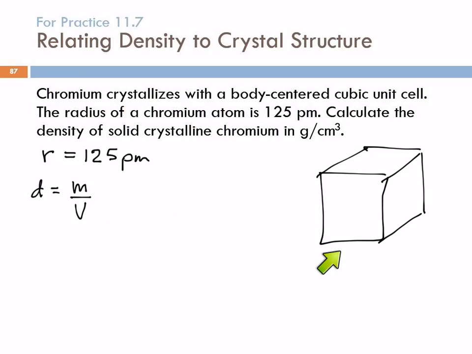The volume of the unit cell is going to be L cubed, right? So volume equals L cubed. Length times width times height. On a cube, they're all the same. So that's the general strategy. So the mass, well, let's go back and look at body-centered cubic.